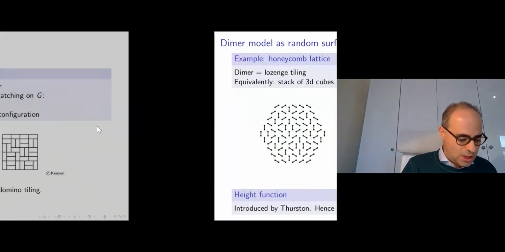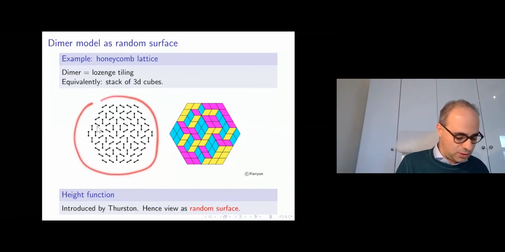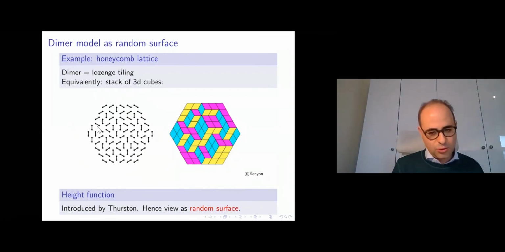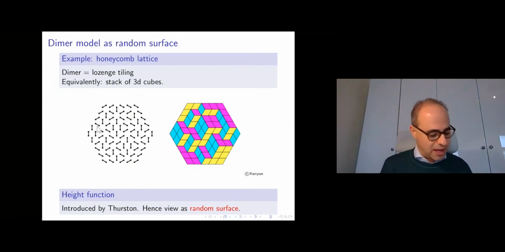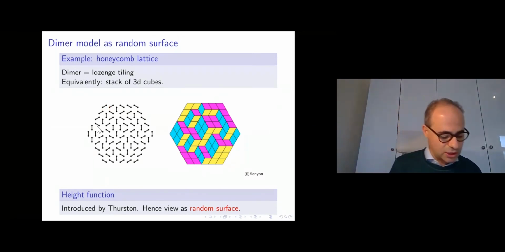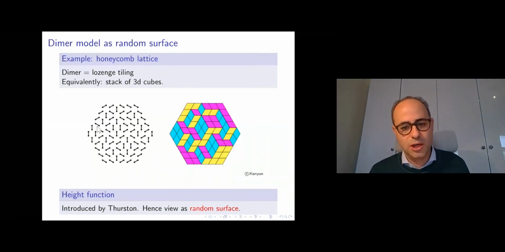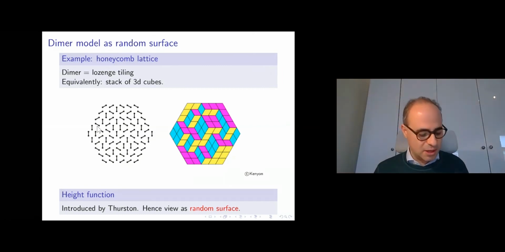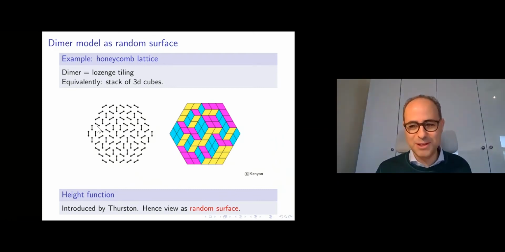And if you do the same game on, let's say, the honeycomb lattice, this is the dimer model on the honeycomb lattice, then if you think what is the equivalent tiling picture, a dimer edge corresponds to gluing together two adjacent equilateral triangles, and that gives you a rhombus or losange. And so altogether, this would be the same as a losange or rhombus tiling on the right. That's equivalent to that. And as Martin pointed out, I think he used the exact same picture actually.